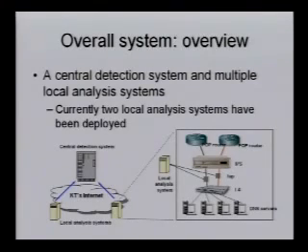Due to the tapping location, we can analyze DNS packets throughout the servers of the farm, not on a server-by-server basis. Currently, we have installed two local analysis systems. There is one local analysis system in the central DNS server farm.